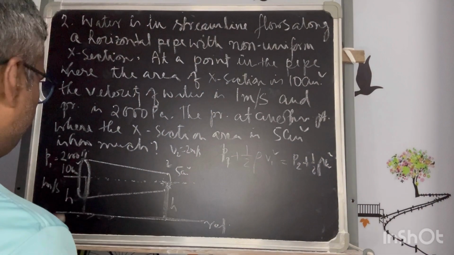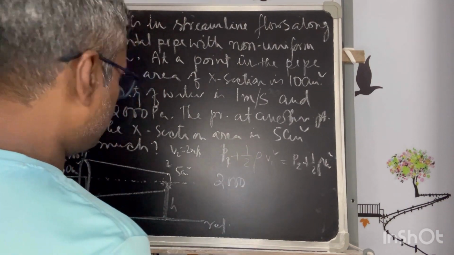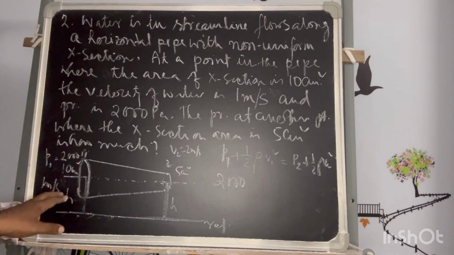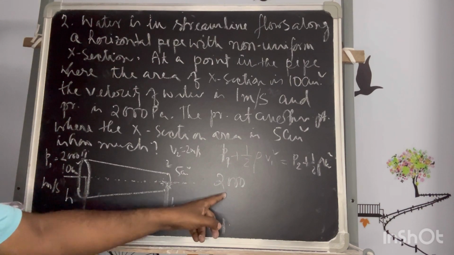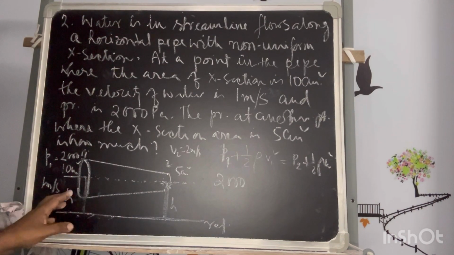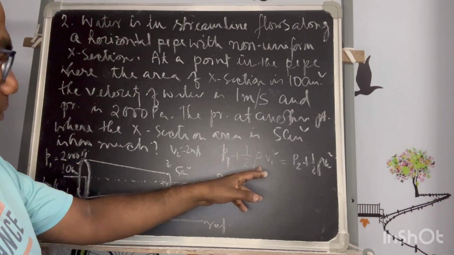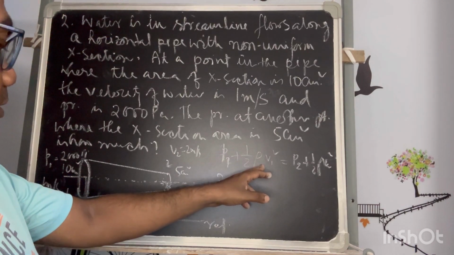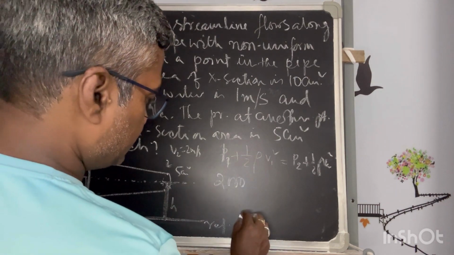Fine. P1 is 2000. I am not changing it, it is Pascal, because Pascal is the unit of pressure energy. Now we need the energy to be the same.